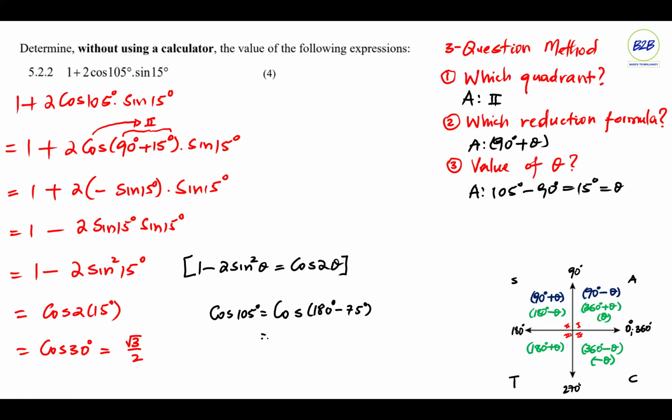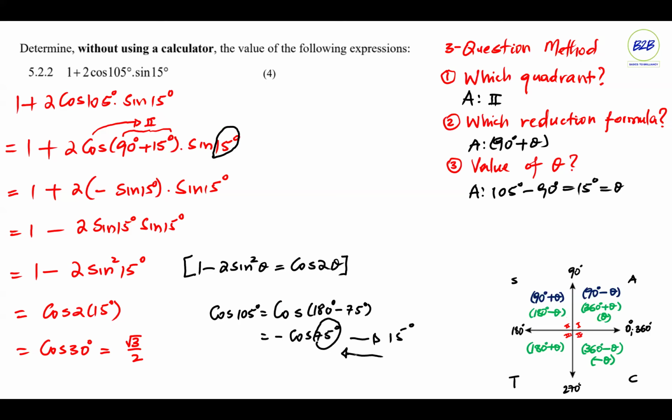Obviously, this will lead you to negative cos of 75 degrees. So now you will have 75 degrees and also 15 degrees, two different angles, which means now you must convert either 75 to 15 degrees or 15 degrees to 75 degrees.